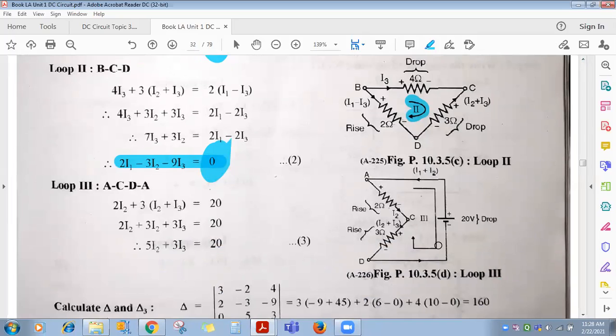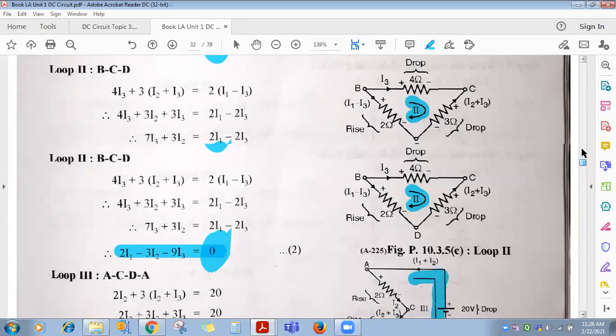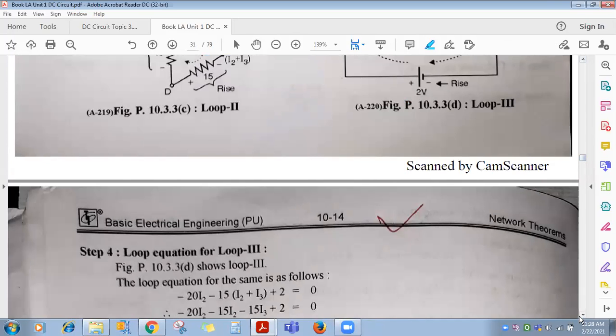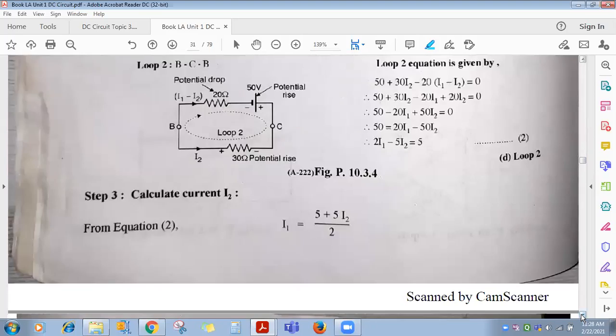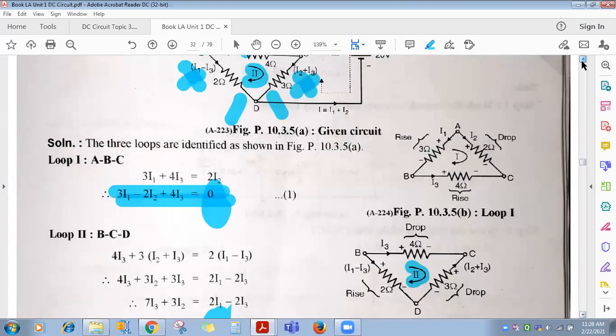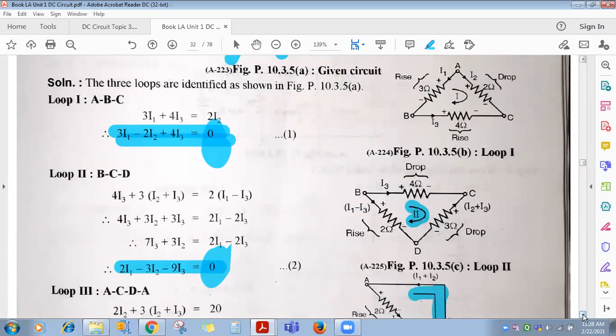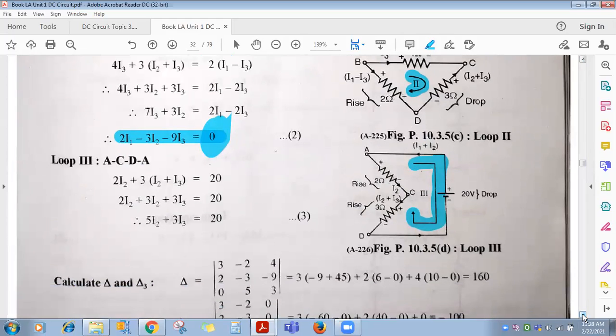Okay, so here they have shown the polarity. See, for the third loop again we are moving clockwise. Just a minute, let me check the polarity. Correct. Okay, so now see the third loop. Move clockwise. What about the 20 volt, plus or minus?